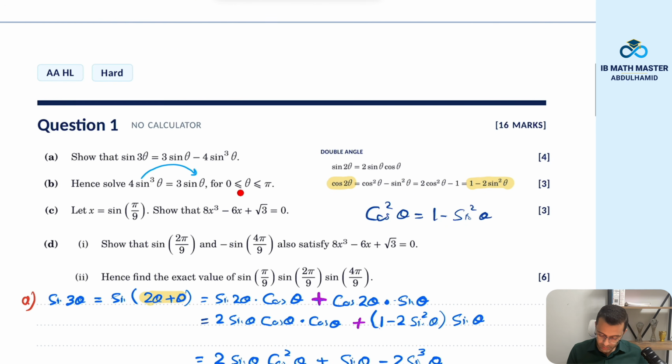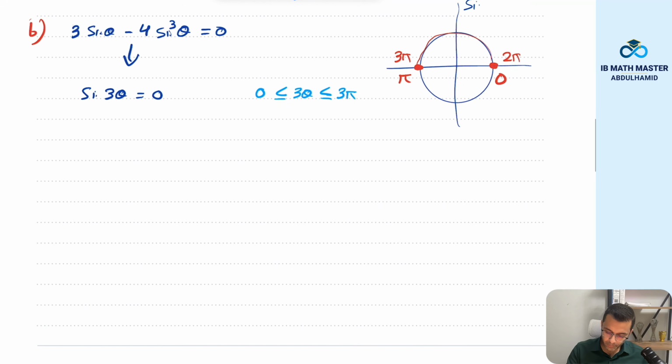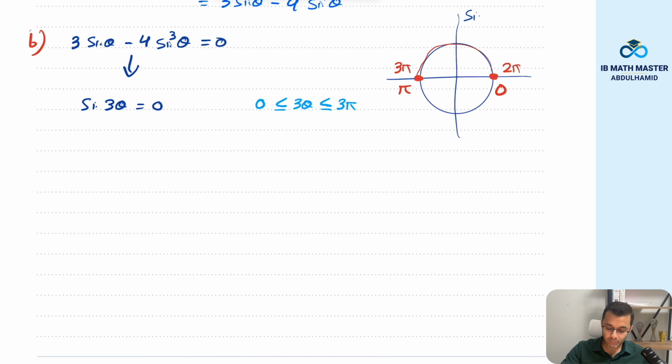So now here, as you see, we have 4 solutions, as we saw in the circle. 3 theta could be 0, or it could be pi, or it could be 2 pi, or 3 pi.